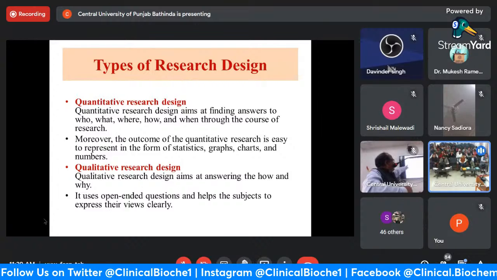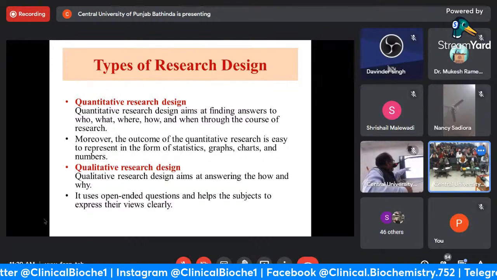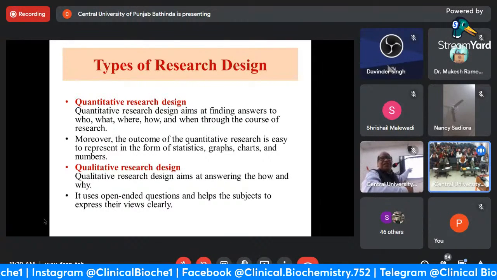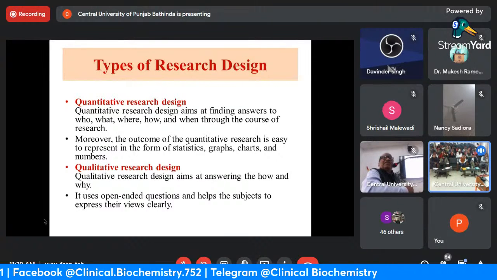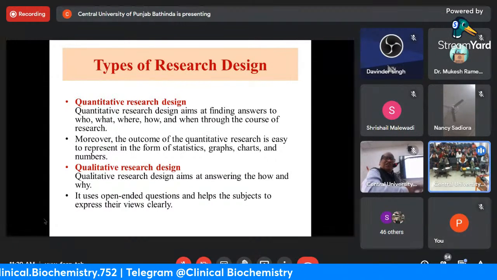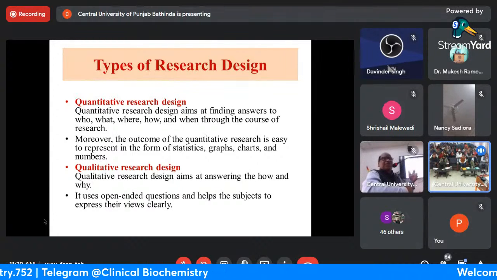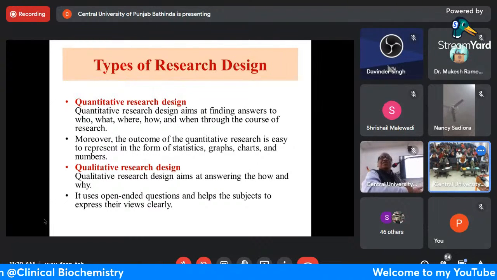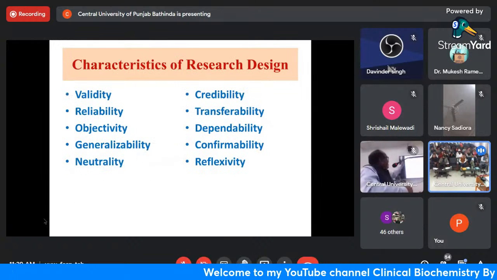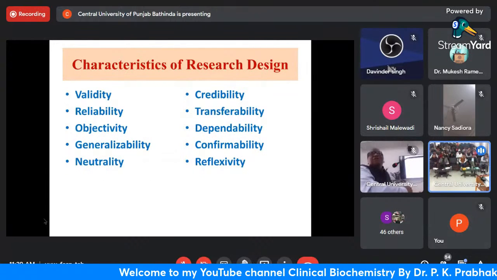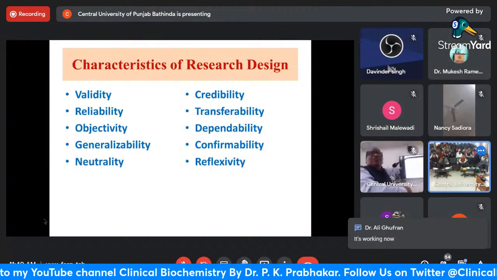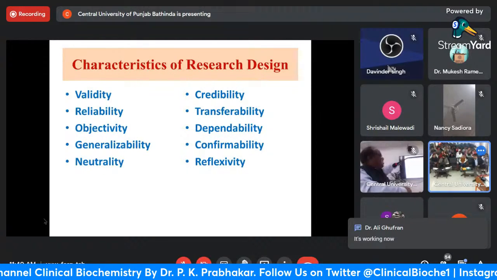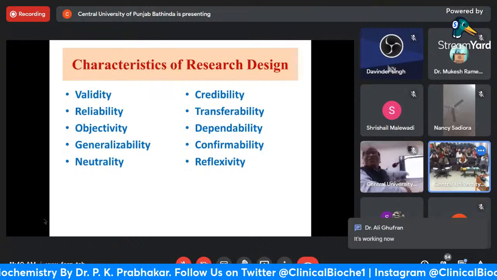And whenever numerical aspects are there more, your quantitative approach is there. But basically in sciences, the majority of the researchers focus upon the quantitative aspects. And whenever we are focusing upon such type of research, we have to think about these characteristics.